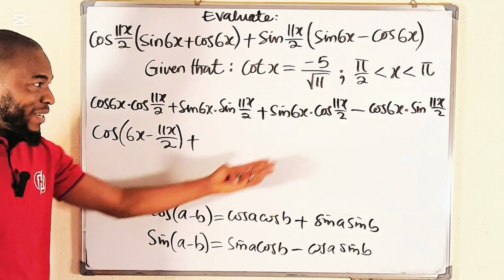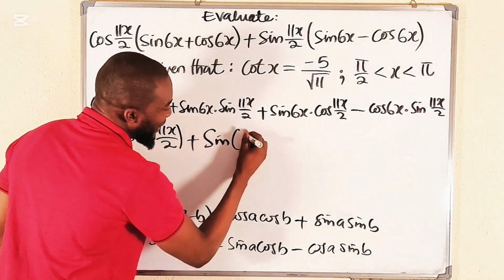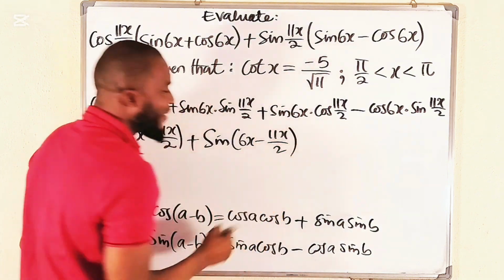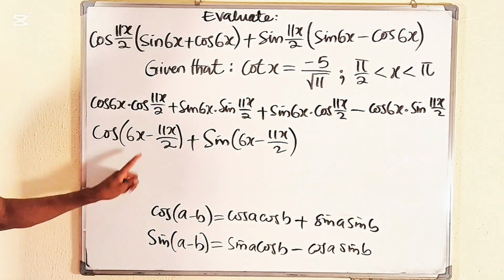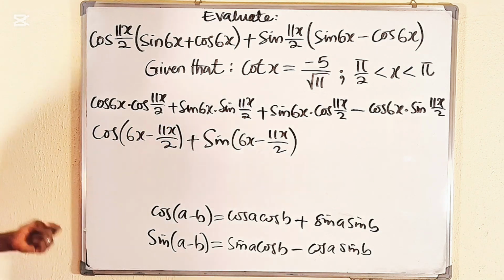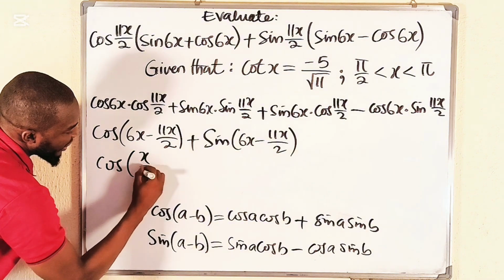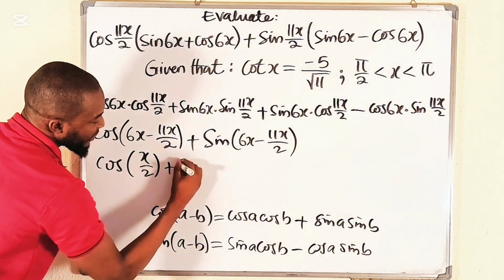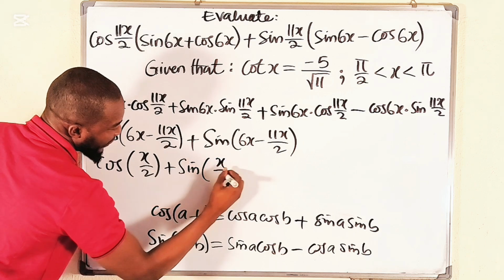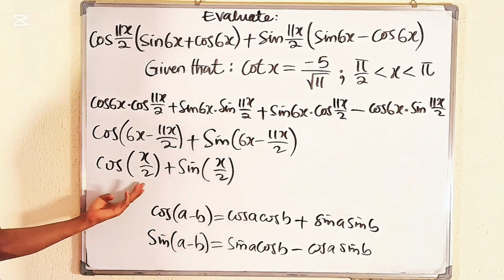So you can also relate it with this one. It will be sine of 6x minus 11x divided by 2. You see that? If you simplify, 2 times 6 is 12, minus 11 is 1. So this will be cosine of x divided by 2 plus sine of the same thing, x divided by 2. All right, but how can we simplify this?